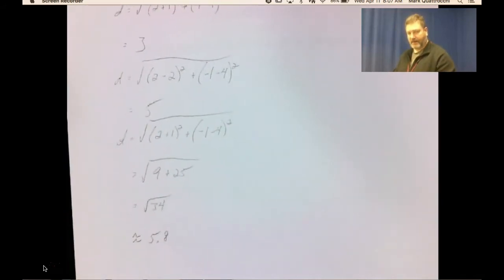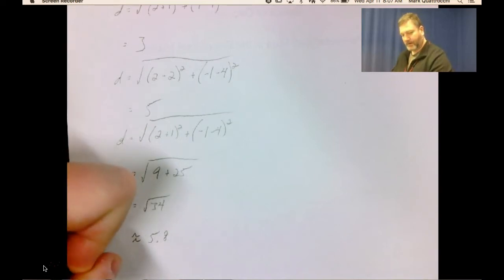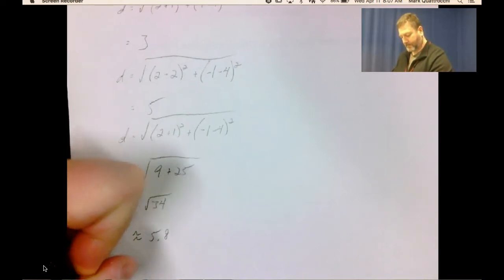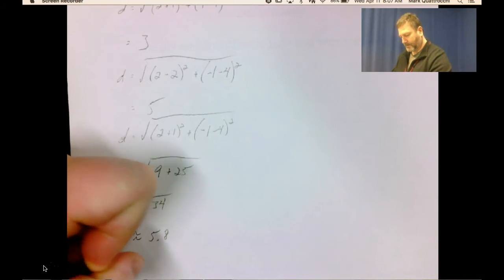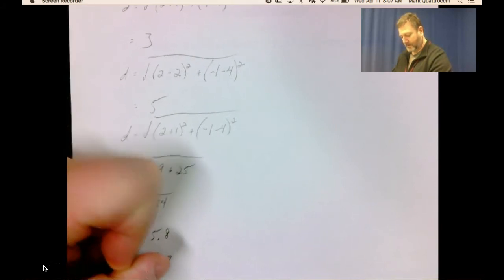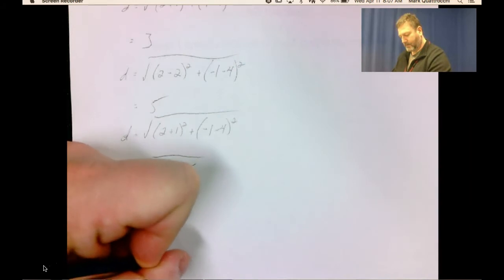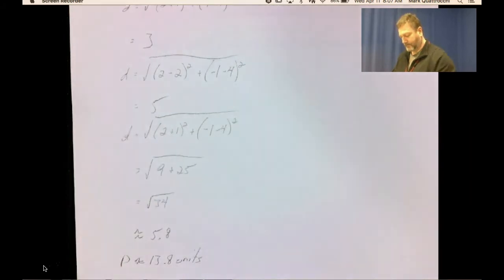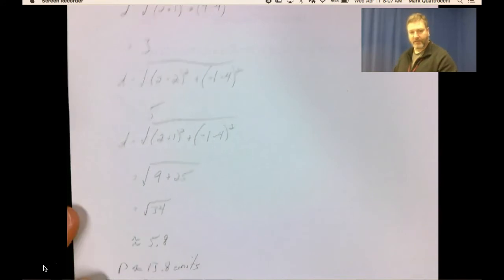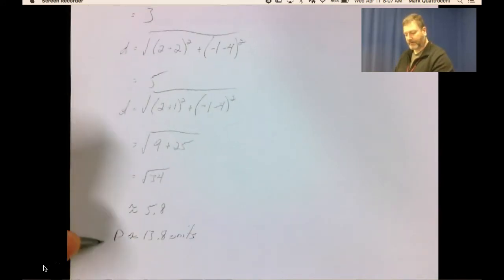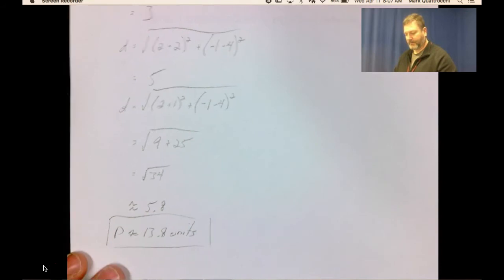And when I add that to 3 and 5, it gives me a perimeter approximately equal to 13.8 units.